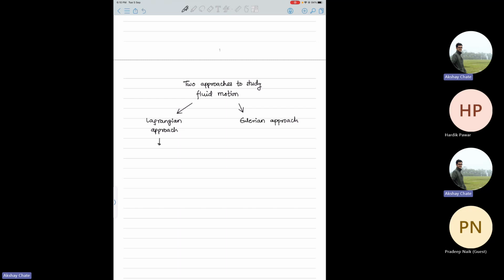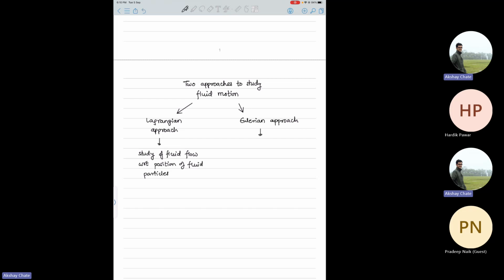So it is the study of fluid flow with respect to the position of fluid particles. Basically, you take a particle in the fluid domain and you trace its path with respect to time, and based on the curve that particle follows, you define the velocity as well as acceleration with respect to some reference.